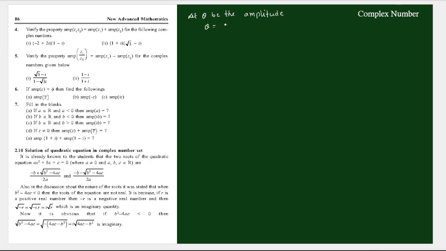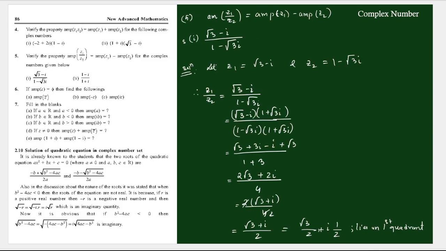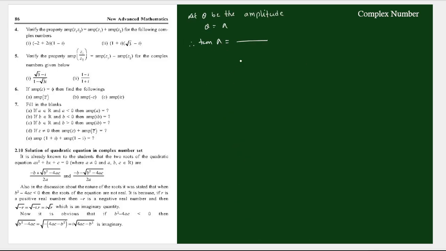So theta equal to alpha, therefore tan alpha क्या है, your x is what, और y by x, तो हमारा y क्या है, half and √3 by 2, तो यहाँ पे होगा half, यहाँ पे होगा √3 by 2.